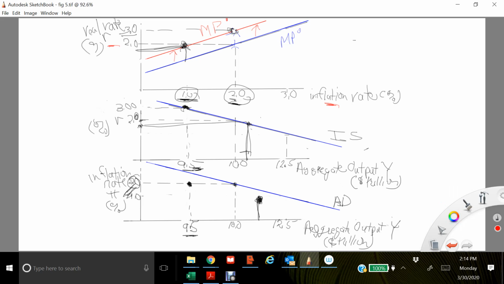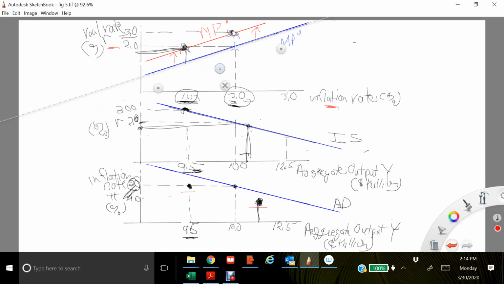Graphing these two new points, we have our new aggregate demand curve.